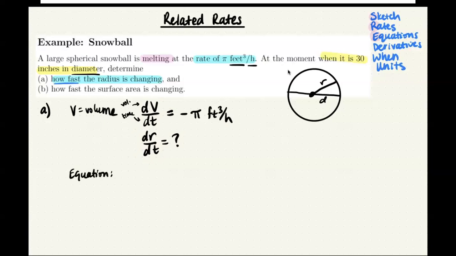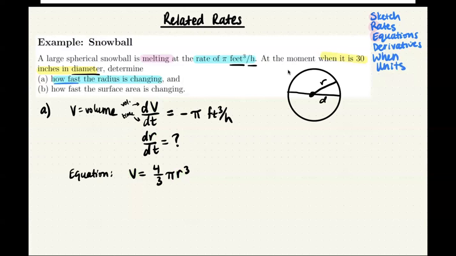Okay. The volume of a sphere, capital V, is 4/3 pi r cubed. That's a formula for the volume of a sphere of radius r. And notice that that relates the variables V and r, the variables that we've been talking about for this part of the problem.